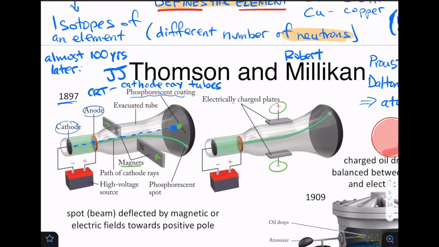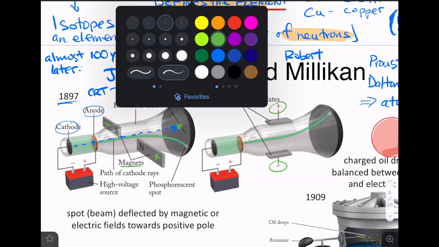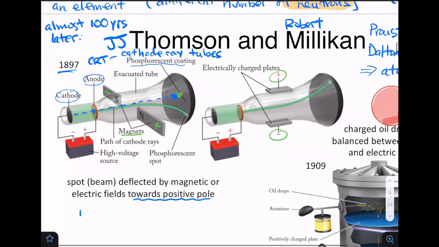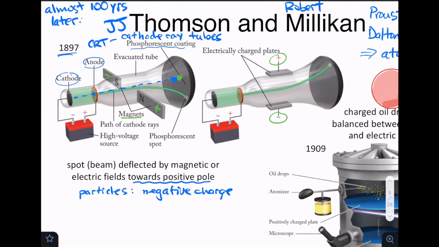Because it was always deflected towards the positive, that meant that whatever these particles were that they were forming, these particles had a negative charge. And they called these particles electrons.